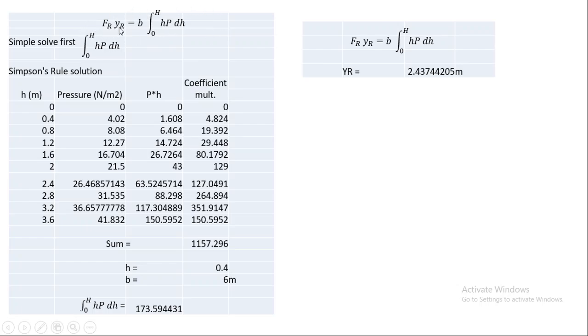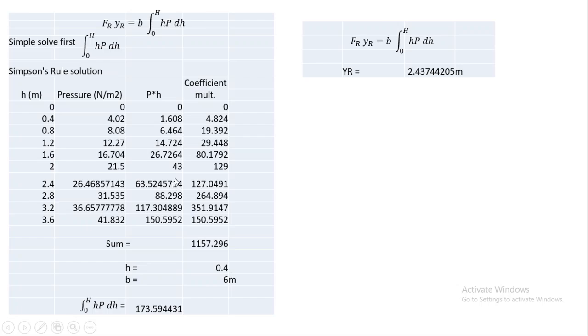FR YR is equal to B times the integral of hP with respect to h. So solving this integration form first, the x value is again h, and the fx value is hP, the product of h and P. Firstly, we took the products of the respective positions and determined these values.